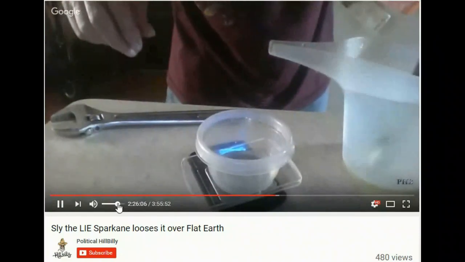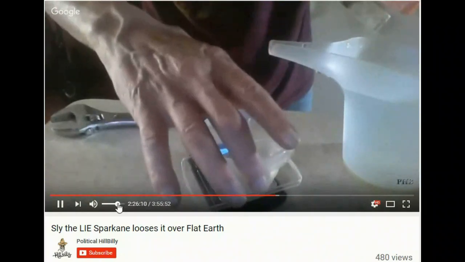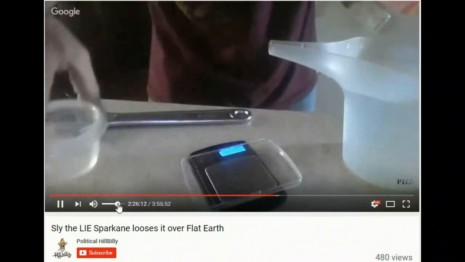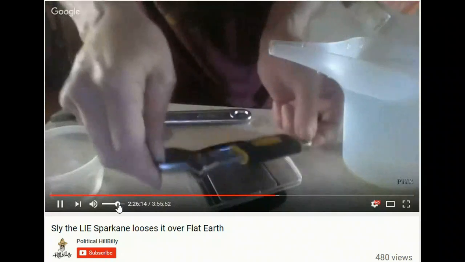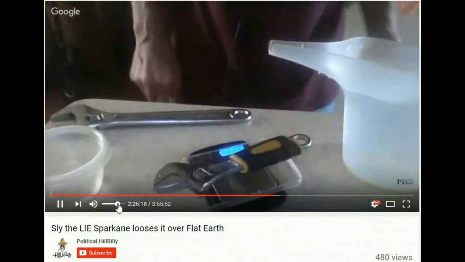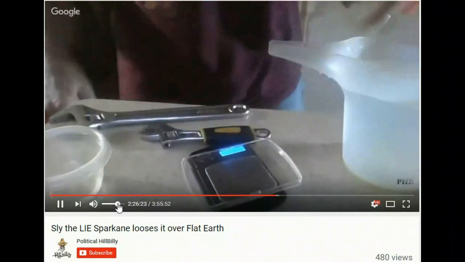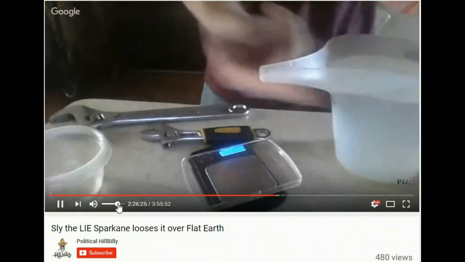18.5 grams. Sounds awful light. Let's find out. 18.5 grams. Imagine that. There you go. It'd be better off if I didn't have that.